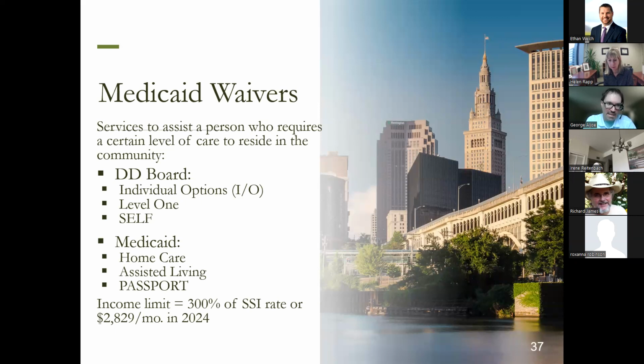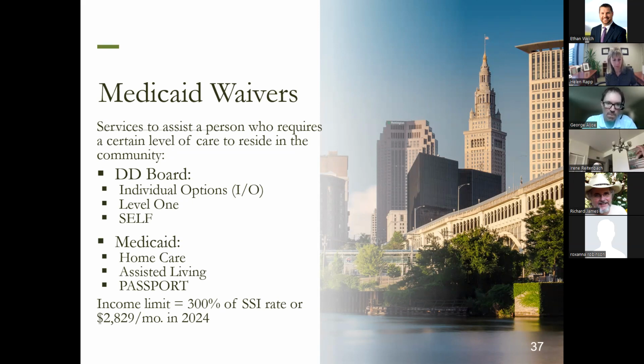You're not requesting an exemption or special treatment. That waiver refers to the fact that the state has received permission from the federal government, from the Centers for Medicare and Medicaid Services, to use federal and state Medicaid funds for services that aren't part of their original Medicaid plan. So, for example, the Medicaid waivers: the home care, assisted living, and PASSPORT waivers.